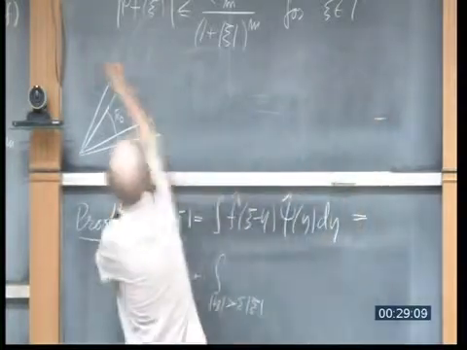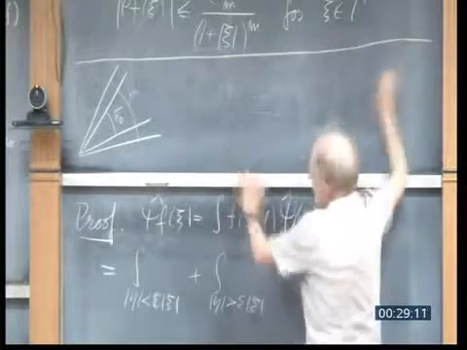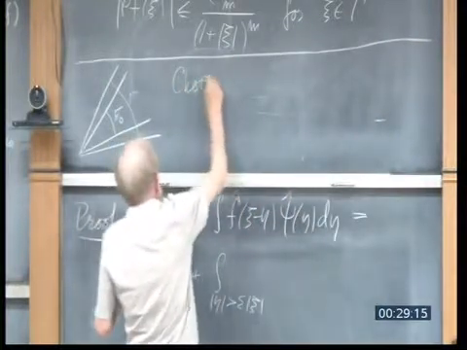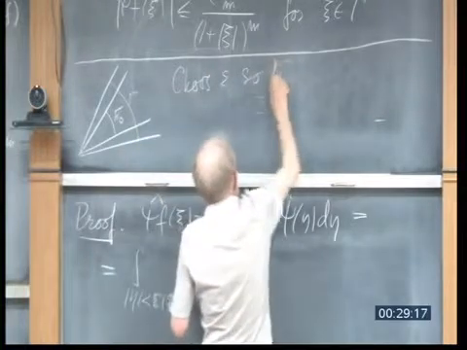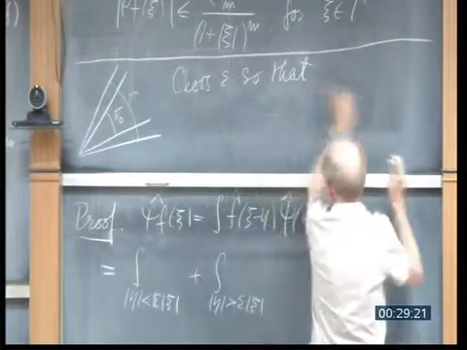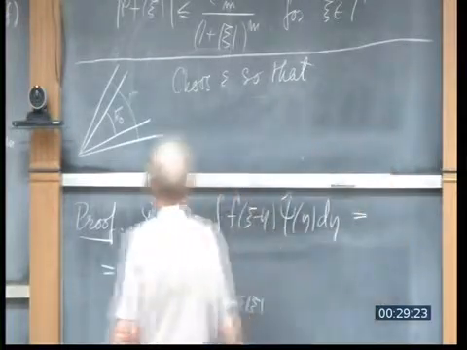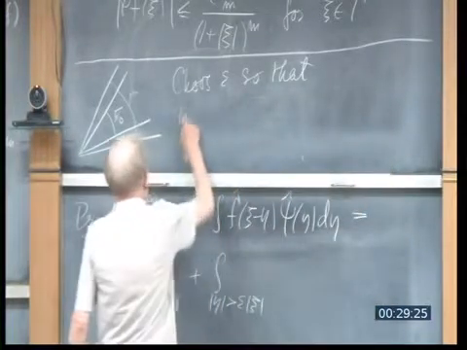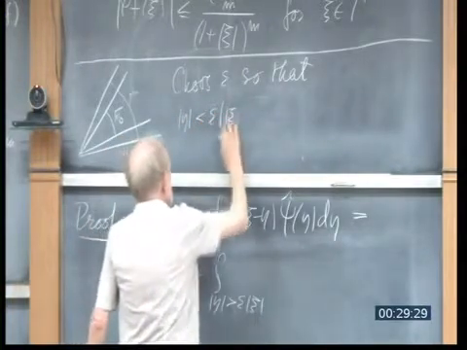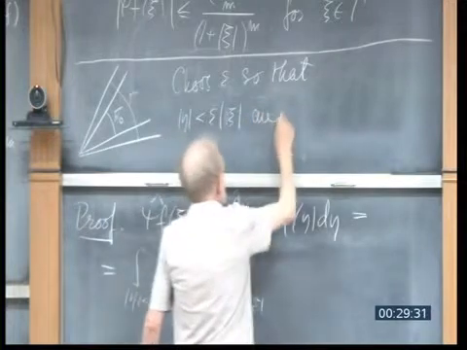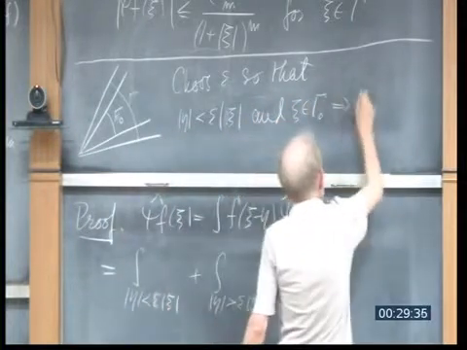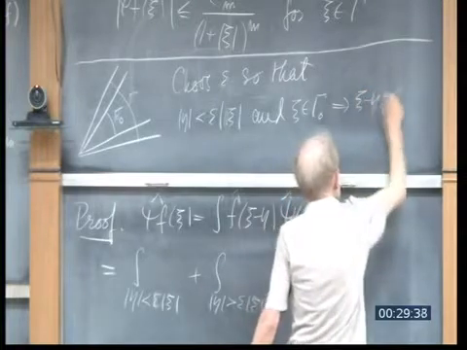Choose epsilon so that eta less than epsilon times absolute value of xi, and xi in the smaller cone, implies xi minus eta in the bigger cone.